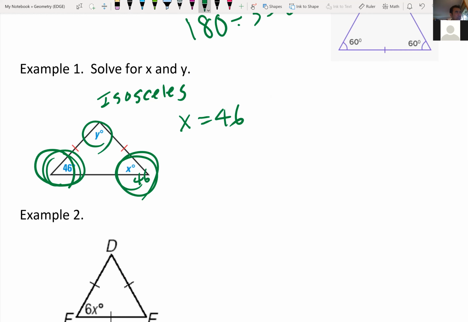Now you can figure it out with the angle sum theorem, right? The total of all 3 angles is always 180, right? So let's do 46 plus 46. What is that? 92. And then you're going to subtract that 92 from 180. Then that's going to be the angle y, which is, what is that?